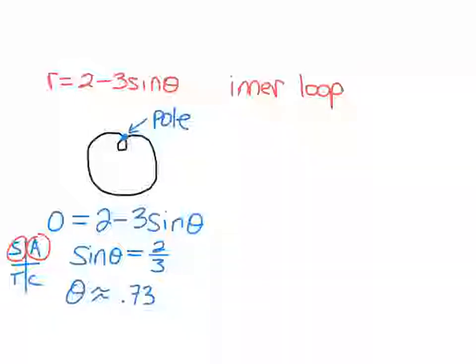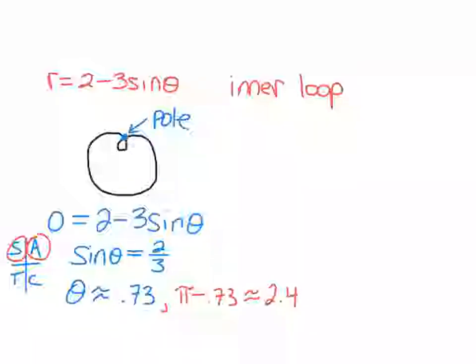So that should be 0.73 in the second quadrant, which would be pi minus 0.73, which, we did an approximation on the first one, so we might as well. So that's going to be about 2.4. And I just checked, and it does go to the pole, so we're in good shape there.